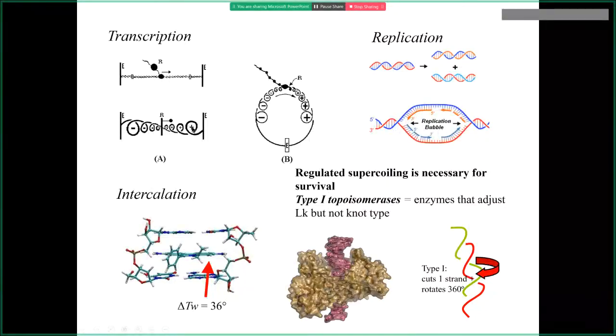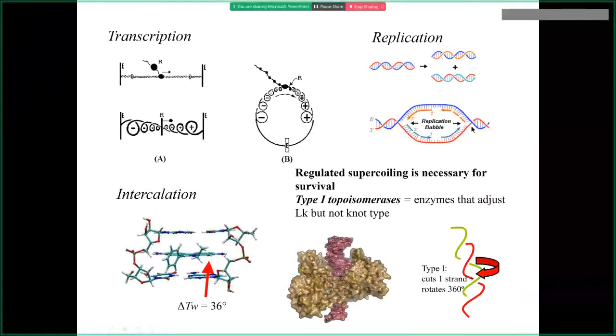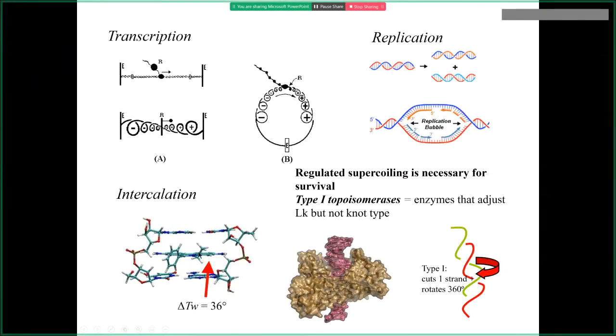So this is the structure with positive writhe in front of it and negative supercoiling behind it. You can see it in DNA replication, where the DNA is copied into two strands, where the motion of the replication bubble also induces change in writhe, or intercalation, where molecules insert themselves in between DNA base pairs, and that way they untwist the DNA, which generates the writhe.